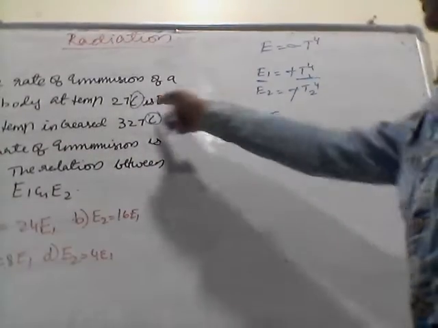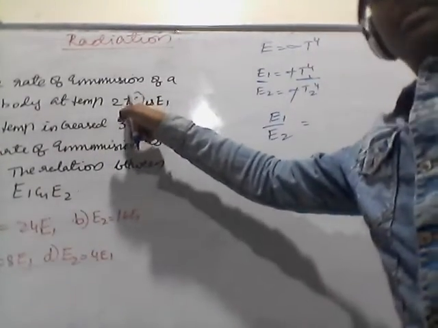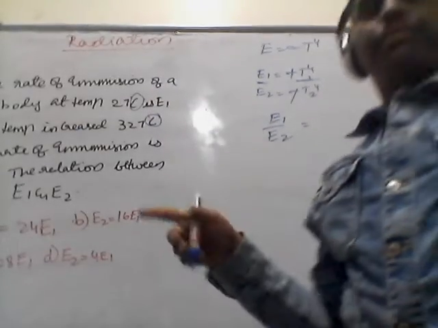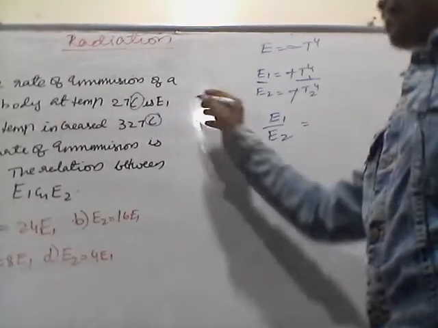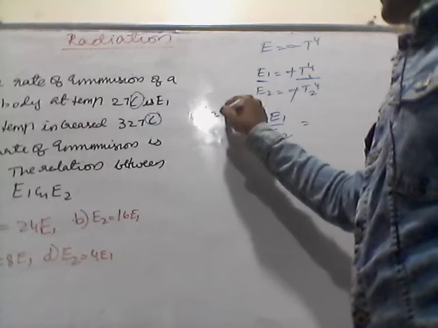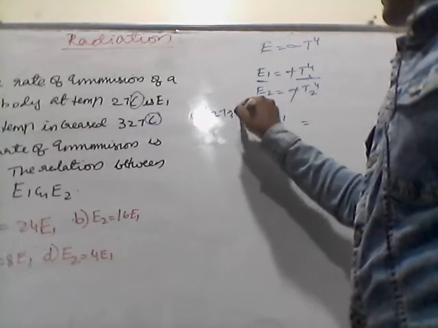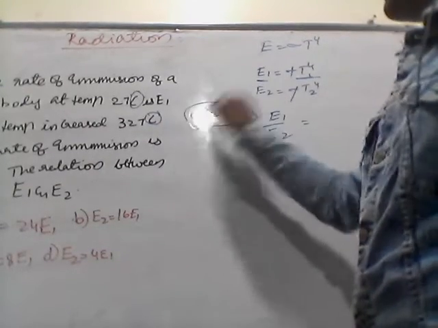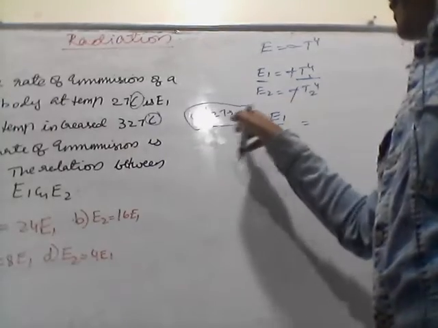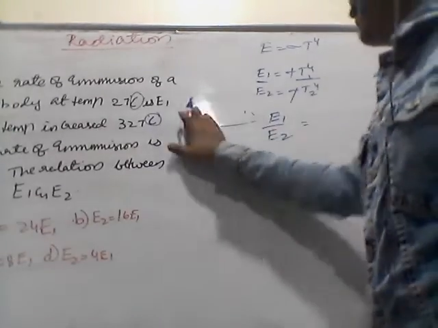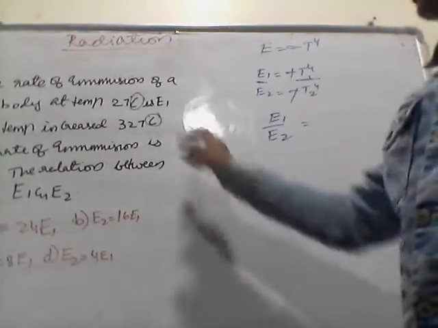We know that you should add 273, so K is equal to 273 plus C. This relation you use.